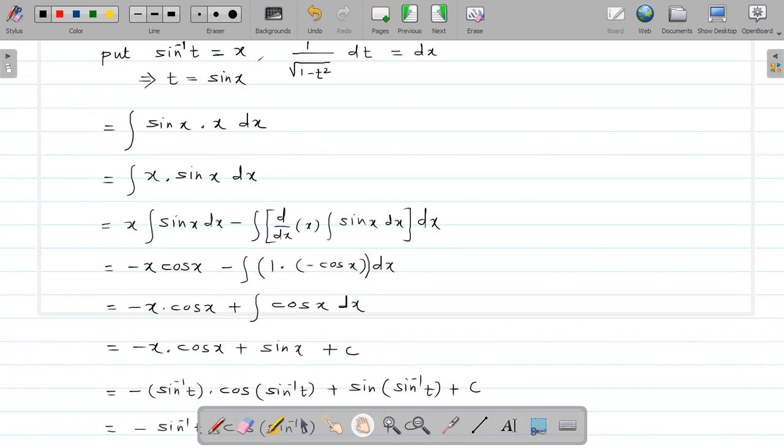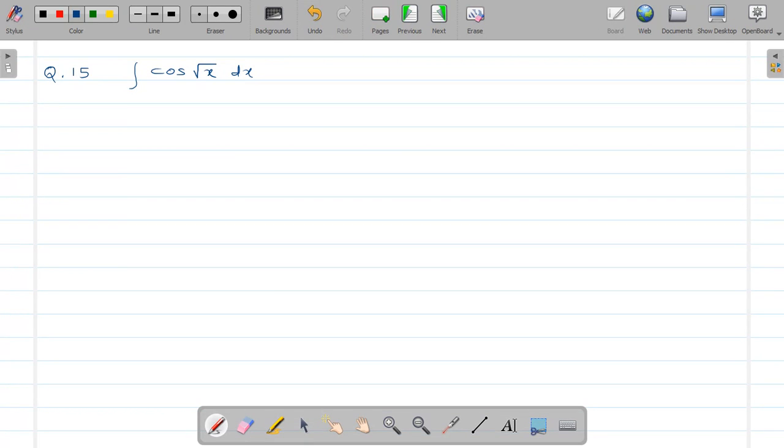Now next one is question number 15. Here it is integration of cos root x dx. Now if you observe this function, first of all I will write I is equal to integration of cos root x dx.